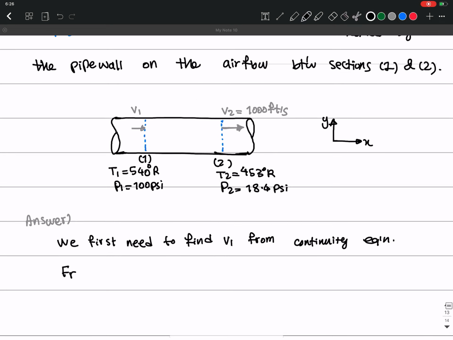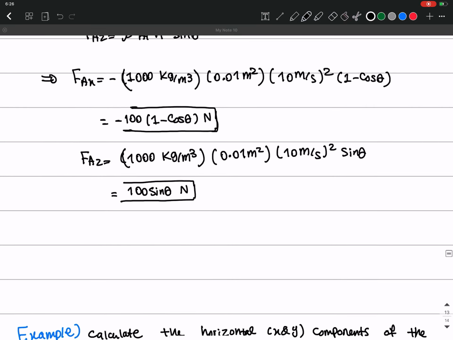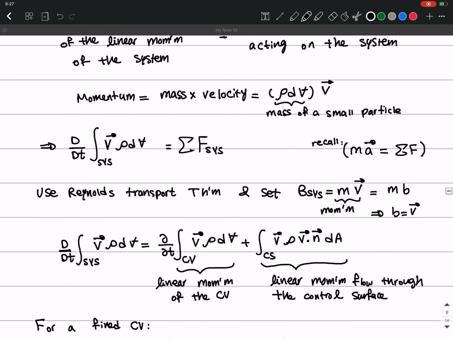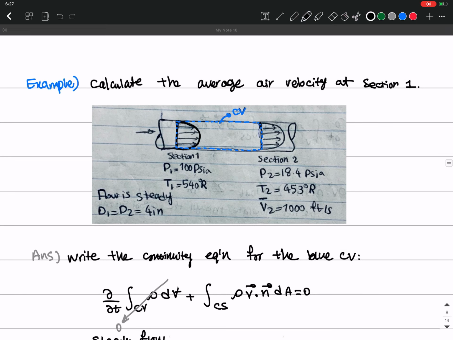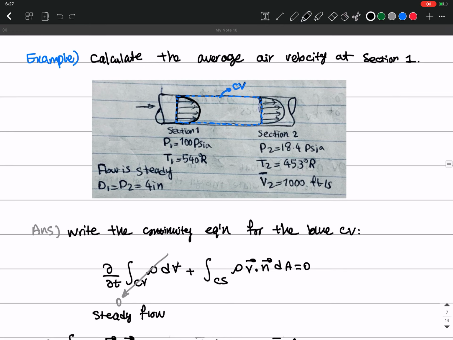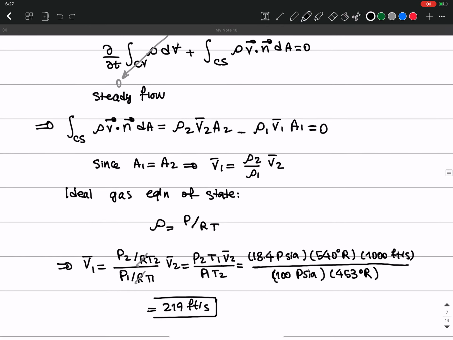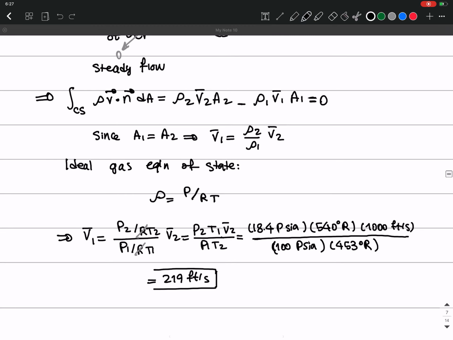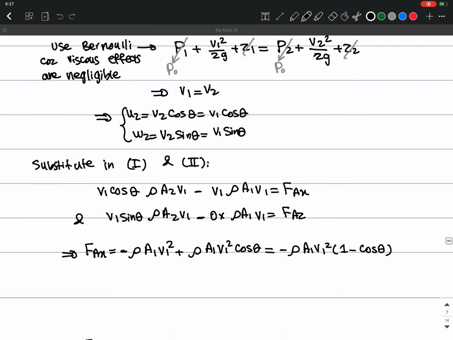So from a previous example in class, if you remember, we had this problem before. Let me show you in the continuity equation, right? This is the problem, right? So from this example, you can see that we found the velocity at section 1 using the ideal gas law and continuity as 219 foot per second. Okay, so it's the same problem.